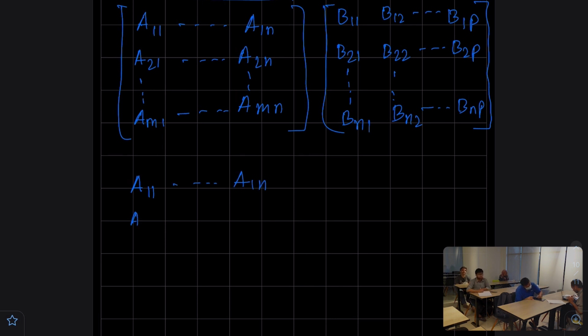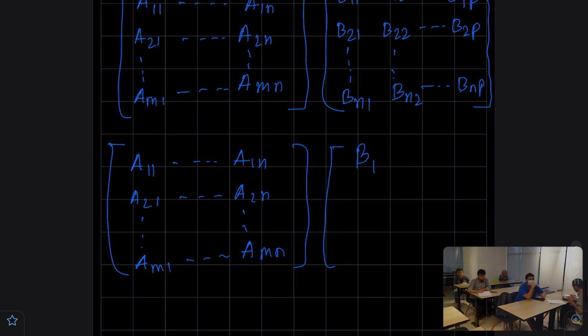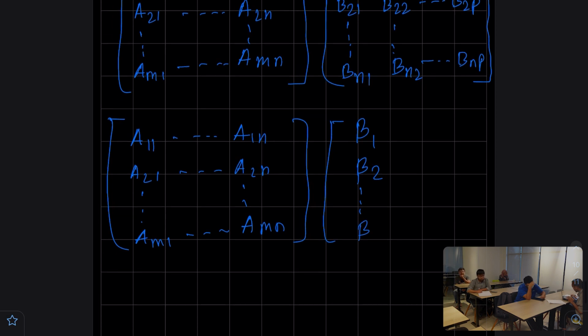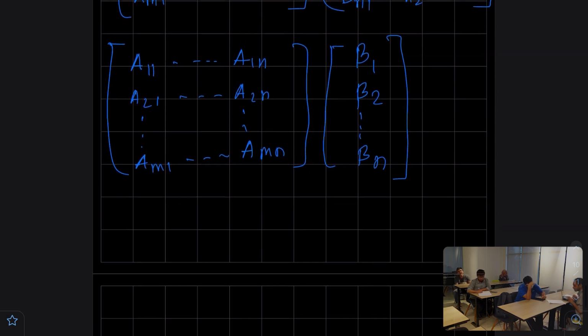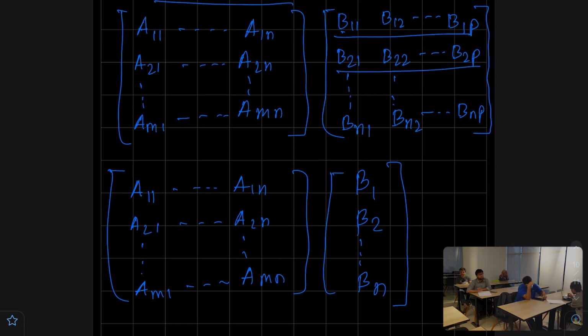Now what I can do is write it like A11 dot dot A1n, A21 dot dot A2n, AM1 dot dot AMN. Then I can consider the second matrix as beta 1, beta 2, beta n, where these betas are the rows of this matrix, and the last one is Pn1, Pn2 dot dot Pnp, right?